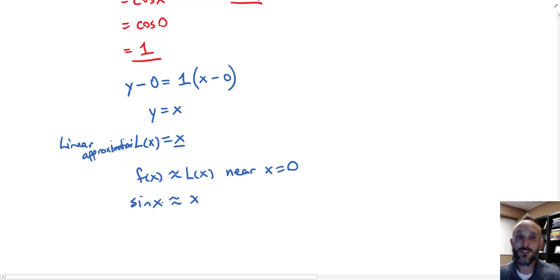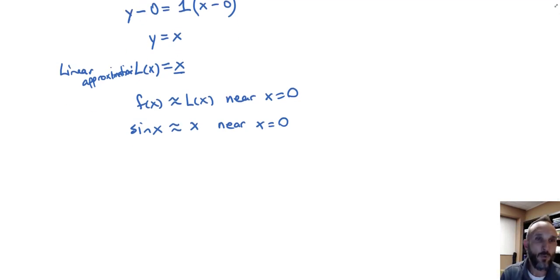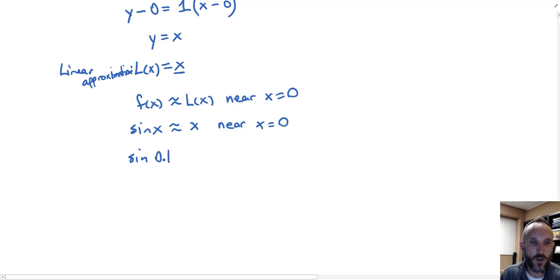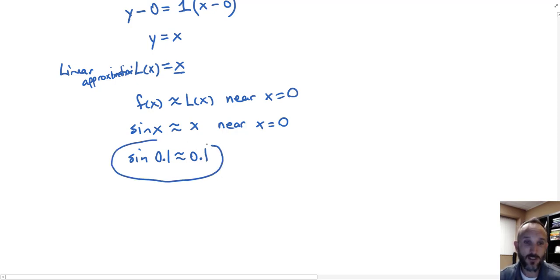So the sine of an angle x is approximately equal to that same angle x as long as that angle x is near 0. So if we want to find the sine of the angle 0.1 radians, make sure you're in radians here because these functions don't have any units. So the sine of 0.1 is approximately equal to 0.1 itself. So that is our approximation.